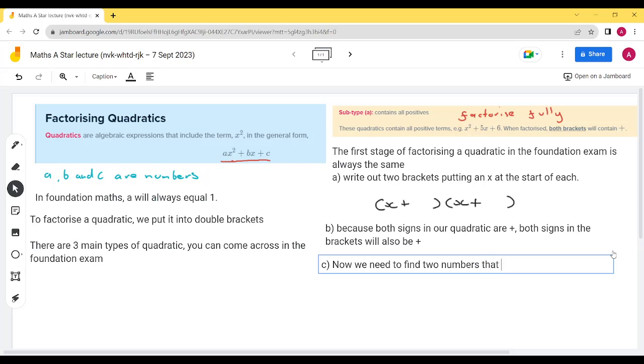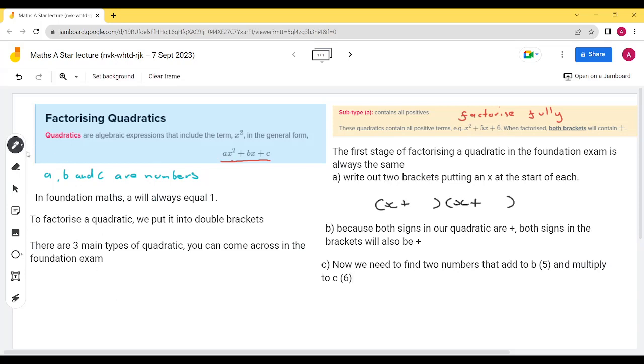So now we need to find two numbers that add to b, the middle term, which is 5 in this case, and multiply to c, the third term, which is 6. That's because when we expanded double brackets previously using the FOIL method, the 5, the middle term, is always the result of adding the outside and the inside.